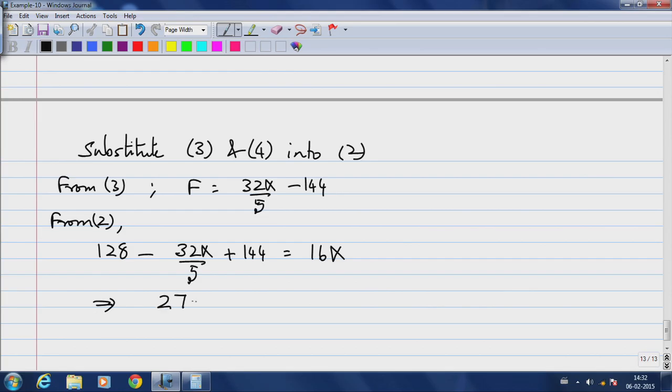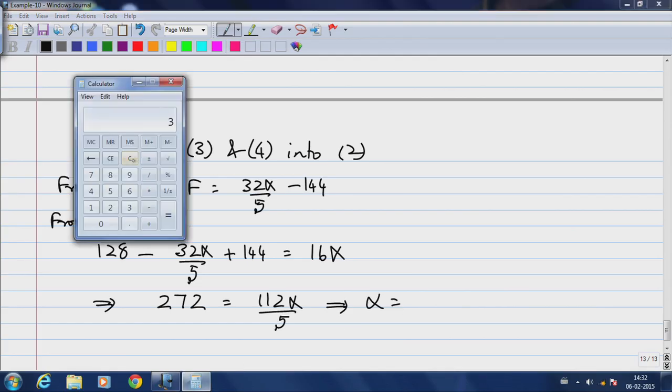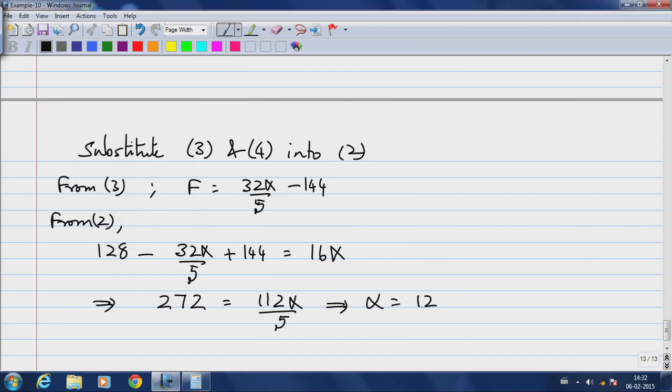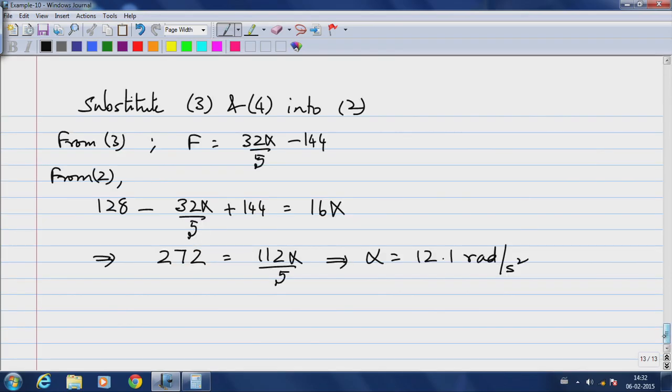So, this says 272 equals 112 alpha over 5, which implies alpha equals 12.1 radian per second squared.